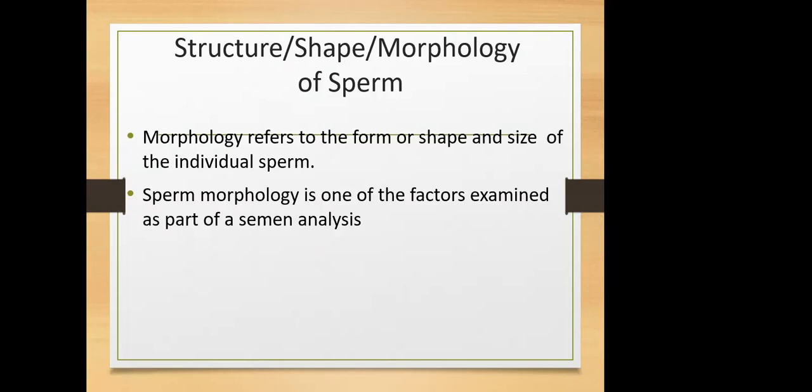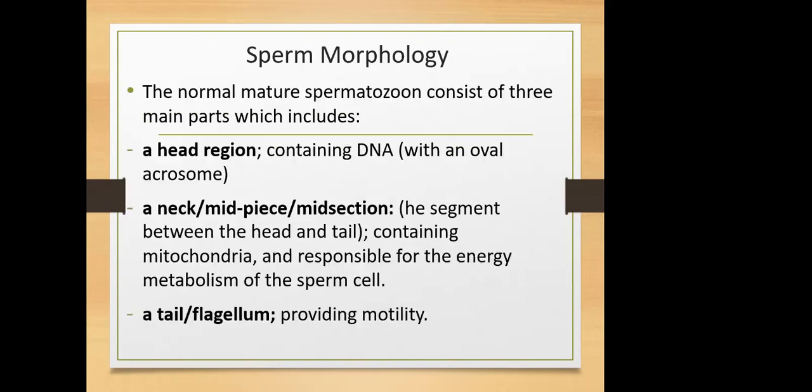So whichever way you look at it, structure of the sperm, shape of the sperm, morphology of the sperm, you may be talking about the same thing. And like I said, sperm morphology is one of the factors examined as part of semen analysis. Therefore, you should be able to know it very, very well if you are going to do semen analysis.